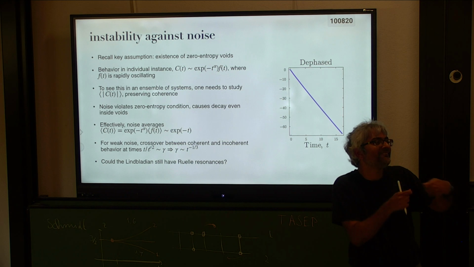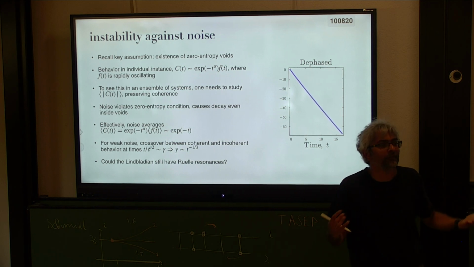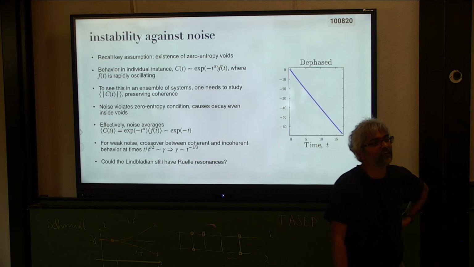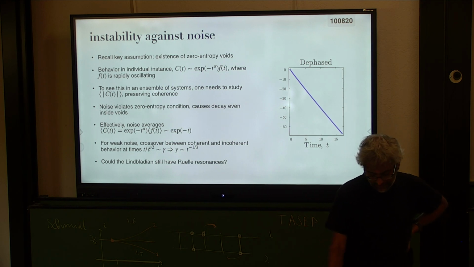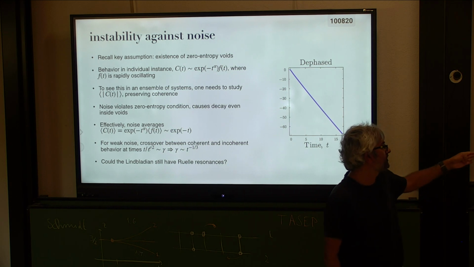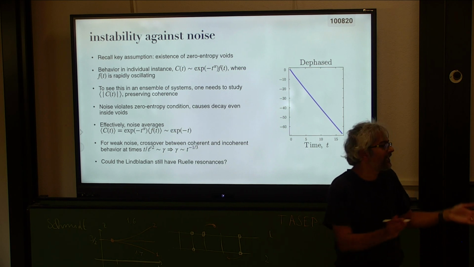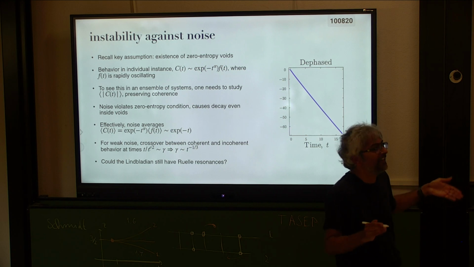So the phase structure is important, and the moment you put in noise, you're averaging out the phase structure, and then you get regular dephasing, and the correlation function decays exponentially in time. The crossover between the coherent and incoherent regimes for weak noise goes as t to the minus 1/3, and if your time is longer than that at finite noise, you cross over to exponential decay.